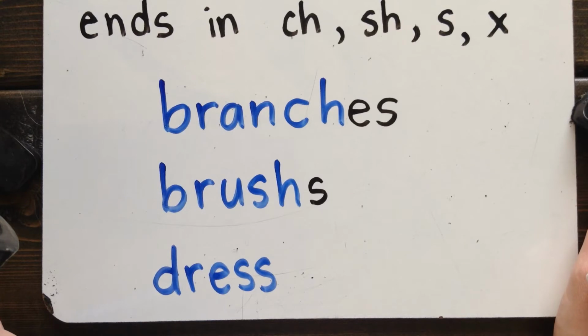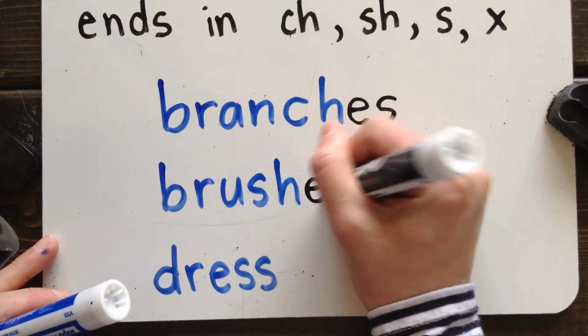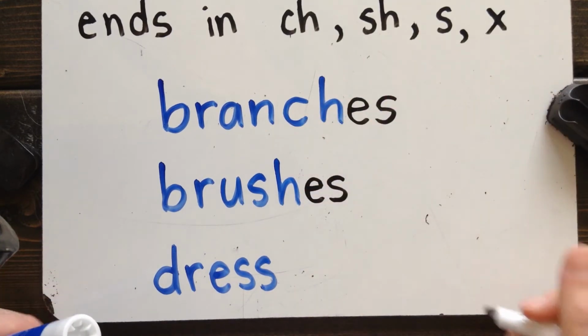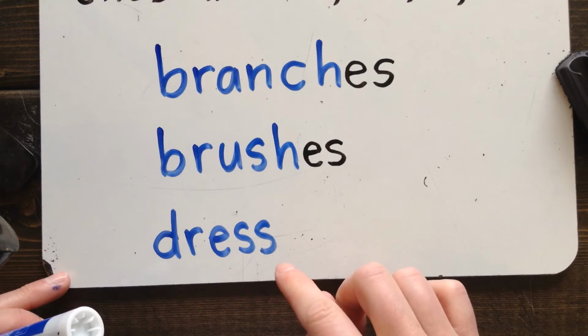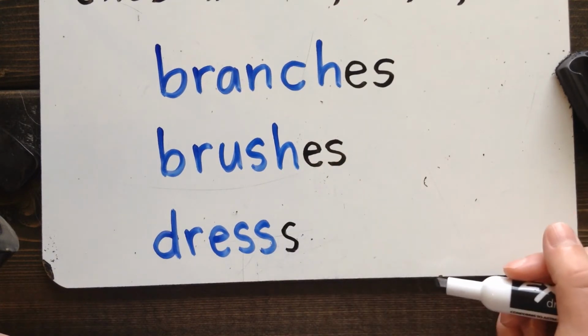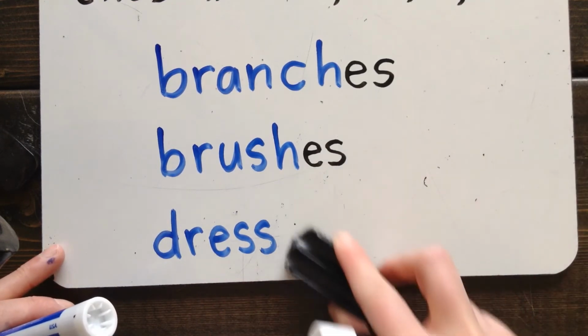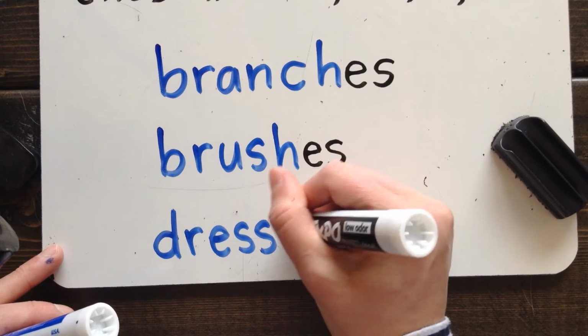I have many brushes in my drawer. Brushes. I can hear that extra sound. Brushes. And last, dress. There are many dresses in my closet. Well, that's just way too many s's. Dresses. You can hear that e.